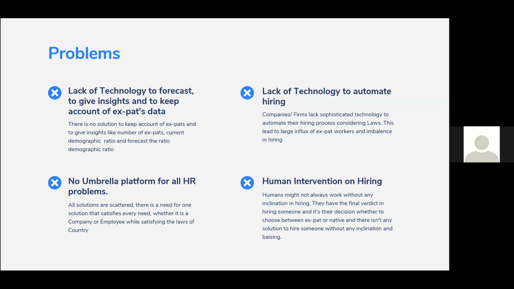For example, maybe there is a relative of the recruiter in the candidate list and he can show bias towards him, or maybe his nationality is in the candidate list and he shows inclination towards them. These are all the problems we have been facing in this sector.